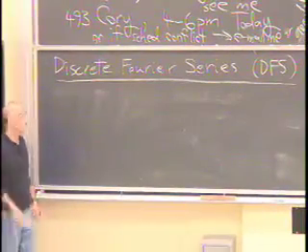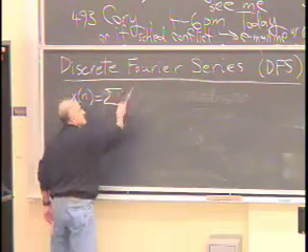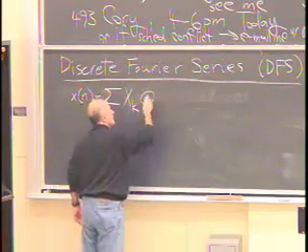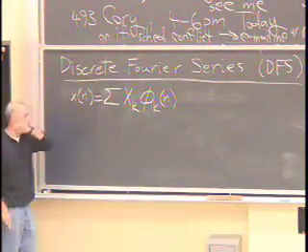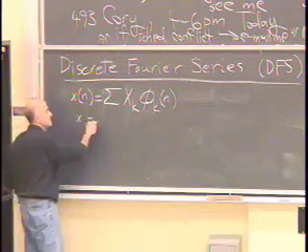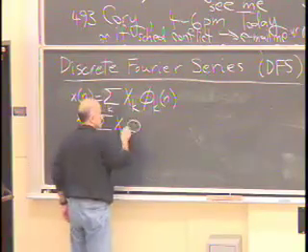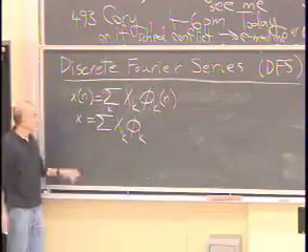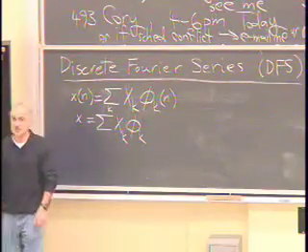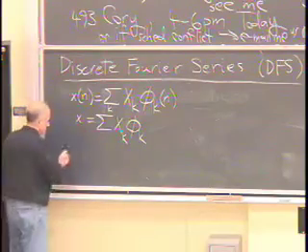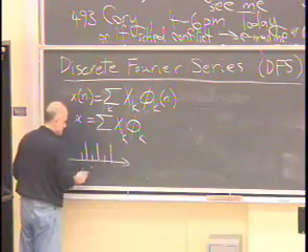We talked last time about expanding x as a linear combination of a bunch of functions or signals, or in vector notation, x being a linear combination of a bunch of vectors, where the index is k. Look at a periodic signal, let's say 1, 2, 1, 2, 1, 2.